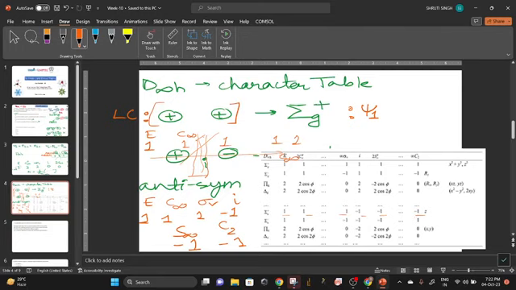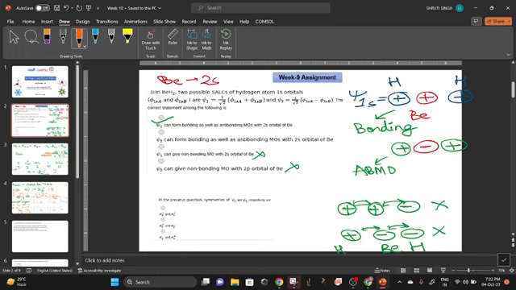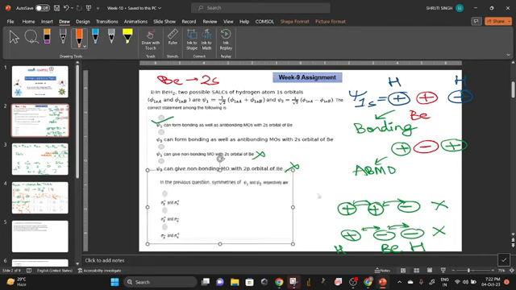The second one, the negative linear combination, belongs to sigma u plus, which is psi 2. So this was an additional question. Here we can write the symmetries of psi 1 and psi 2 as sigma g plus and sigma u plus.